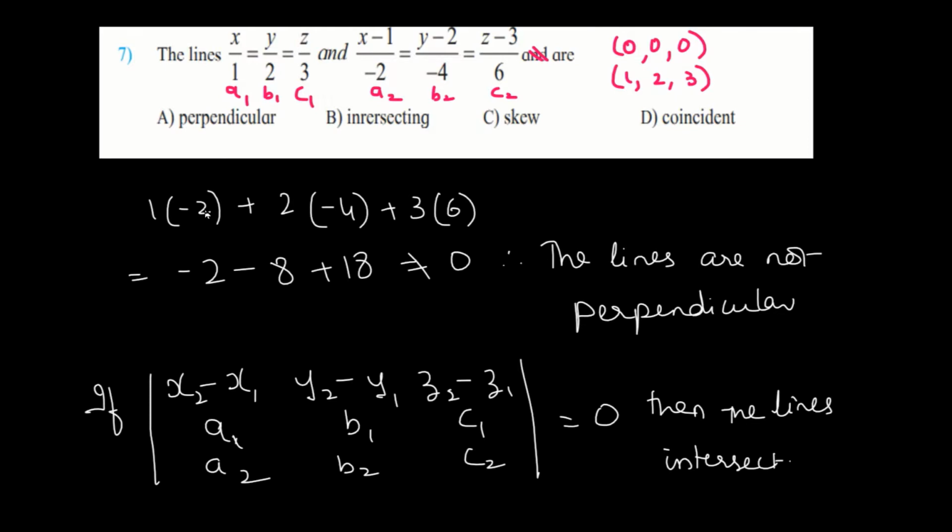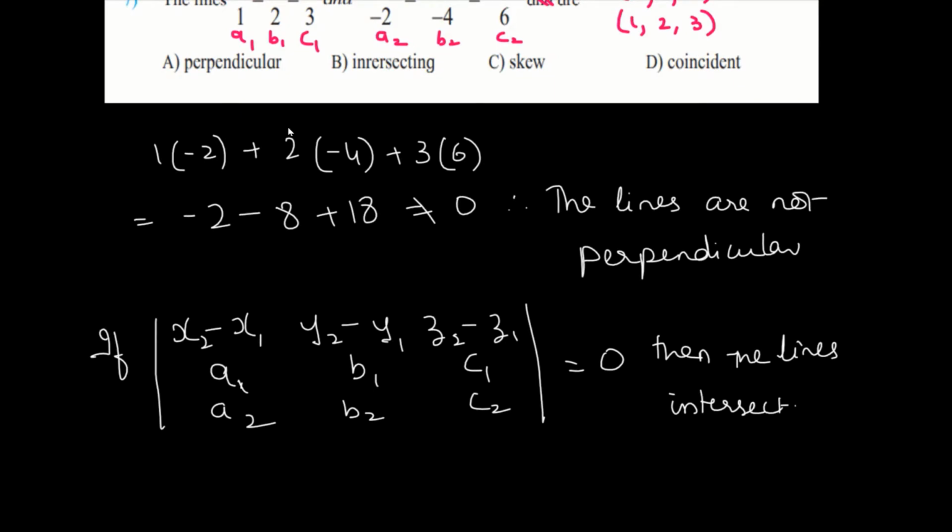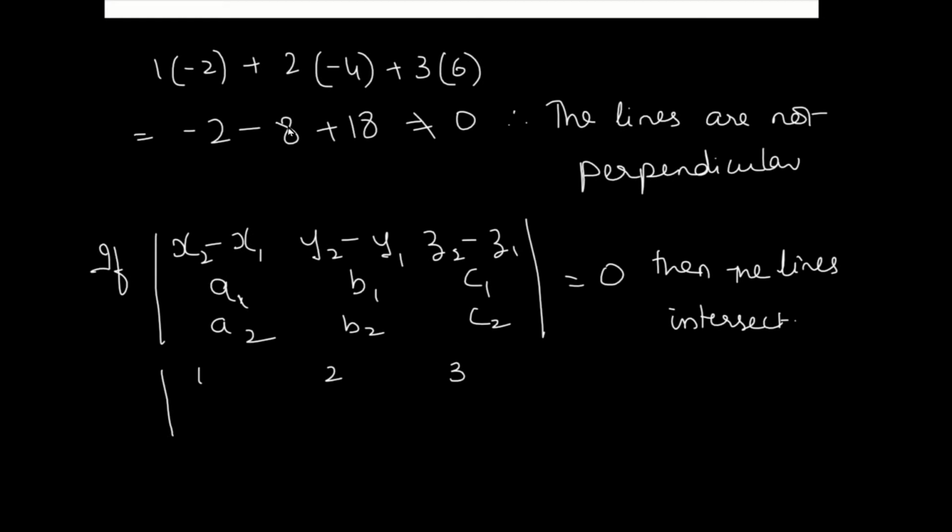Here x2 − x1 is 1 − 0 which is 1, 2 − 0 which is 2, and 3 − 0 which is 3. The second row A1, B1, C1 is 1, 2, 3 and the third row A2, B2, C2 is −2, −4 and 6.